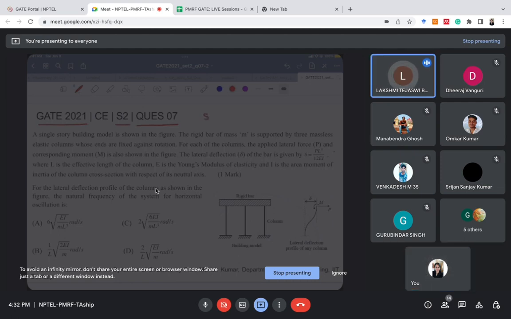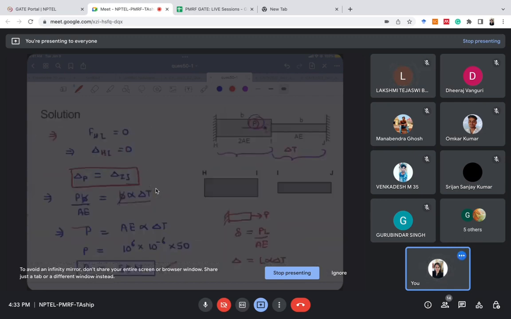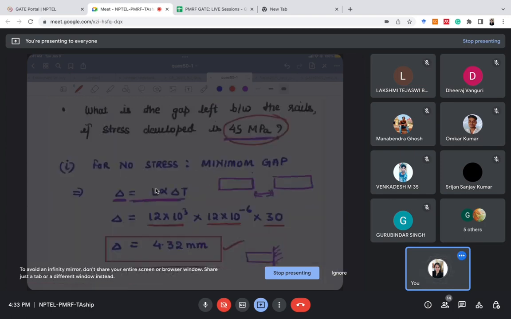Can I ask something? Yeah. In the previous question, the example you gave is 45 MPa, and the stress developed varies with the gap, ma'am. Yes, right.